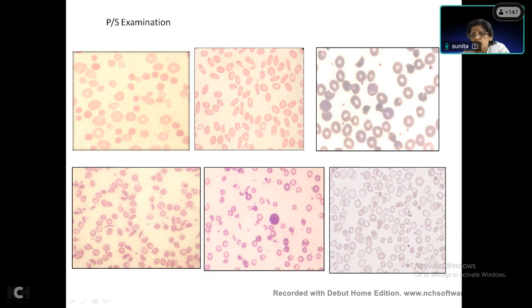Now this slide shows leptocytes, target cells, microcytic hypochromic cells, occasionally a spherocyte you can see here, and in the other fields you can see nucleated RBCs or erythroblasts, and there is a marked anisopoikilocytosis. So this is typically seen in thalassemia major. So depending upon the further investigation of these patients, you have to look carefully. A good peripheral smear is a must.